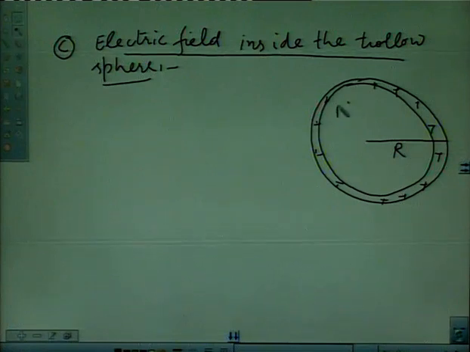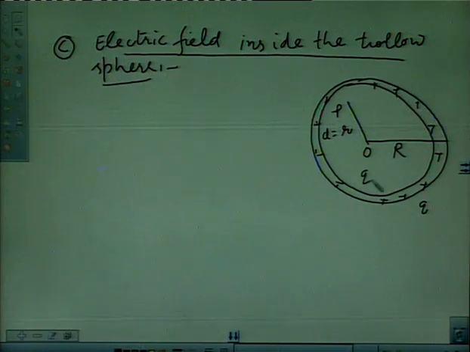Let us take the point P inside the sphere. It is at a distance d from the center, and we have total charge q which is distributed over the surface. Now inside the hollow sphere the charge will be 0.